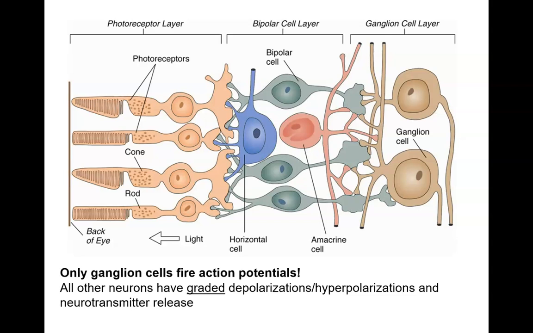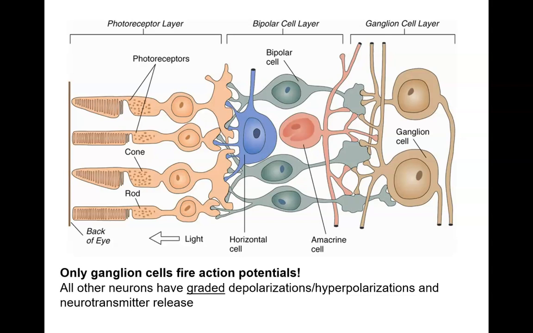Now, the reason that they work this way is because we have variable amounts of light in visual space. Visual processing is really complex, and this is one of the ways that we can actually code for the different intensities of light that we are seeing out in the world and sending that message to the brain.